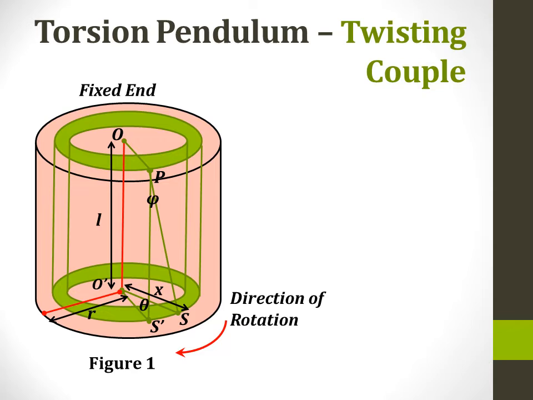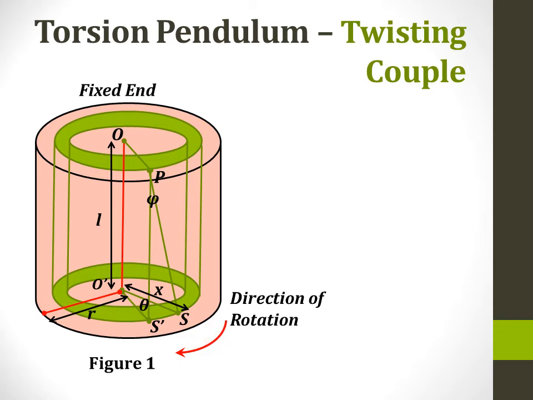Let us consider a cylindrical wire of length L and radius small r. The wire is fixed at its upper end at point O and is free to move at the lower end. Since it's free to move, this end of the wire is given a twist. It is twisted by an angle theta by the application of a torque in the direction of rotation, which is the clockwise direction.